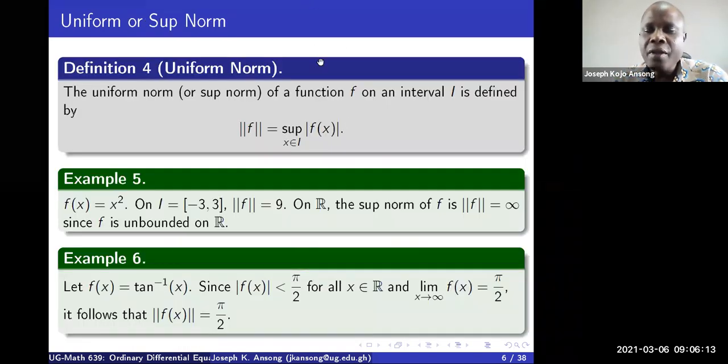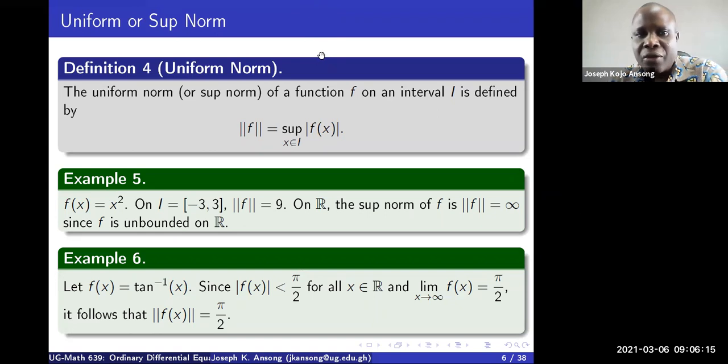Now, there are times you can also define uniform convergence using the uniform norm or the sup norm. That is what we have here. The uniform norm or the sup norm of a function f on an interval I is defined by this. It is equal to the sup over x in the interval I of the absolute value of f of x.